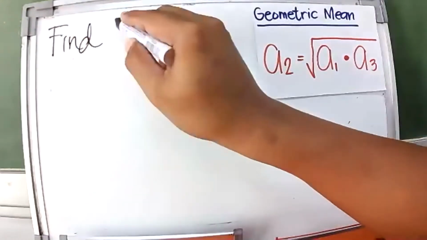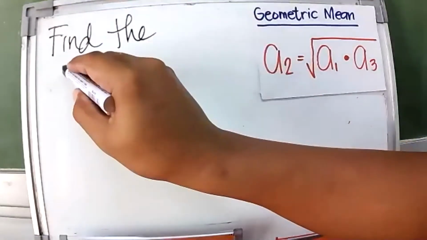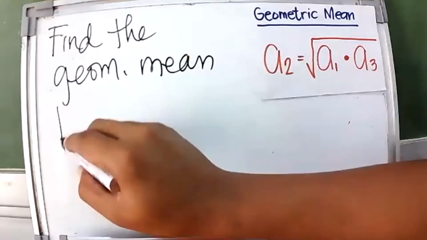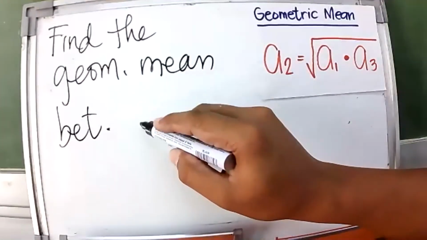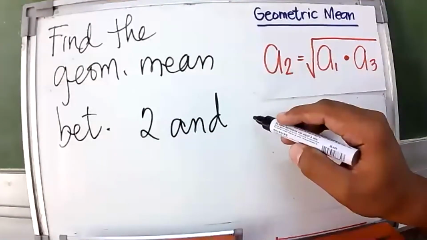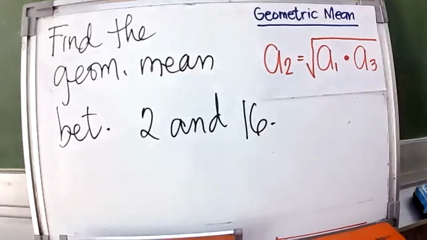Find the geometric mean between 2 and 16. Go. Try it first. Find the geometric mean between 2 and 16.